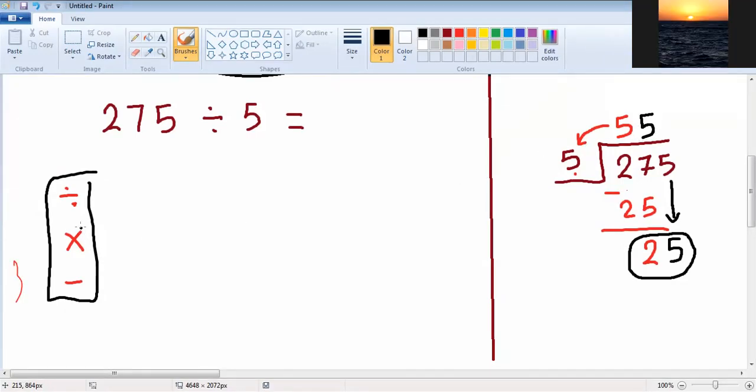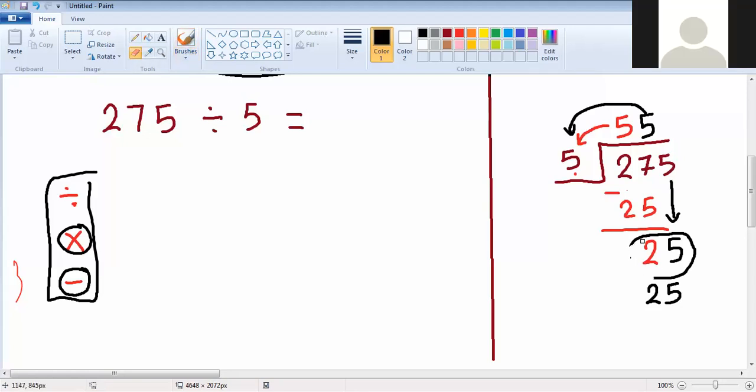What is the second operation? Times. Yeah, 5 times 5 is 25. And what is the last operation? Minus, subtraction. We need to subtract 25.